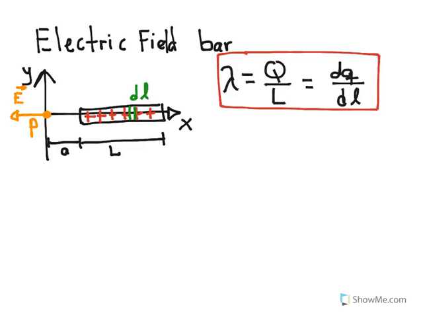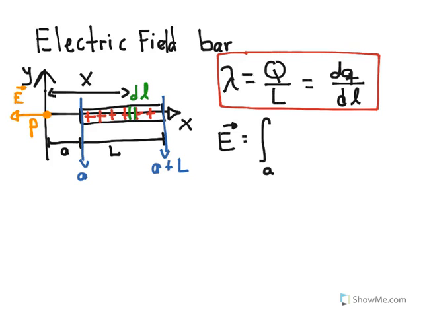The generic distance from the origin towards the point we're analyzing we're going to call x, and we're going to be summing from a distance a to a distance a plus L. So if we define the electric field as the sum of these contributions, we're going to have an integral from a to a plus L of k dq over the generic distance, which is x squared.